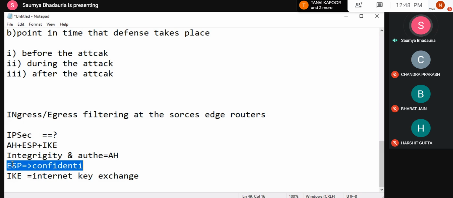But this method is not widely deployed among the services provided by different network service providers because of its increased overhead. What overhead is there? You have to consider three important factors: integrity, authentication, and confidentiality. You also have to consider that the keys would be exchanged between the clients.